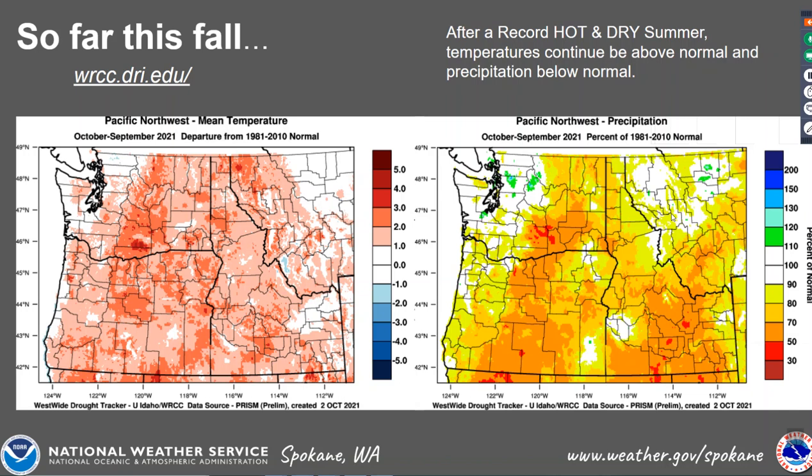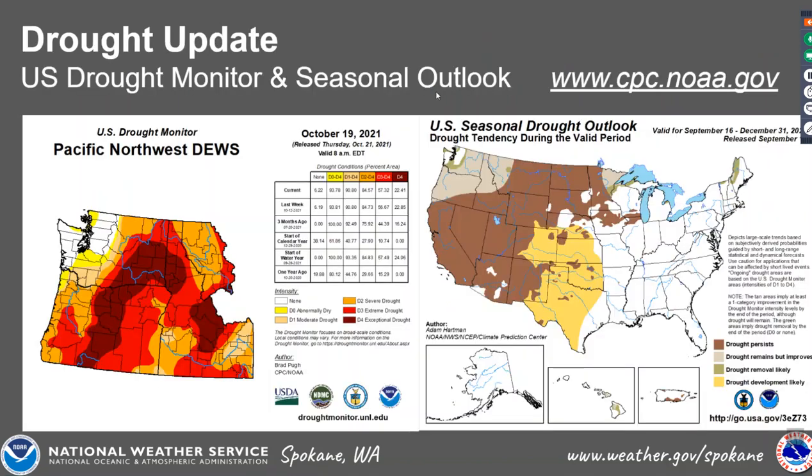We might actually be a little bit better, near 100% of normal for our 30-year average. We did have a record hot, dry summer this year, and the warm temperatures have continued into the fall, and we have been fairly dry, but thankfully in the last couple of weeks we have seen some wet systems move through. So things are looking up.